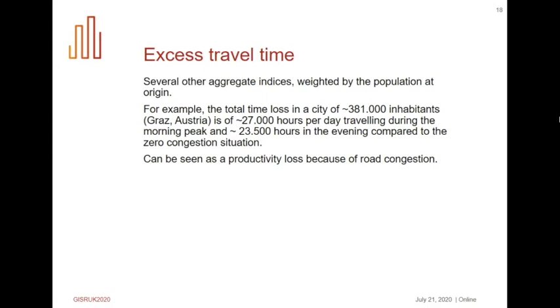So this is again taking the strong assumption that the entire population is doing the trip. Just for an example, the total time loss in a city of more or less 380,000 inhabitants is 27,000 hours per day traveling during the morning peak, and something similar during the evening peak. And this can be seen as a productivity loss because of road congestion.